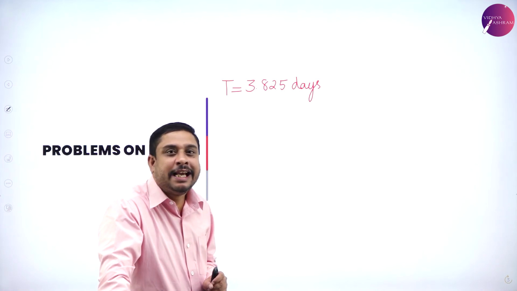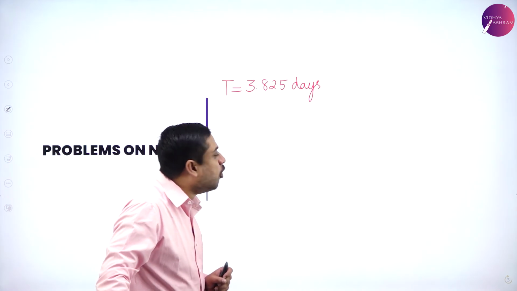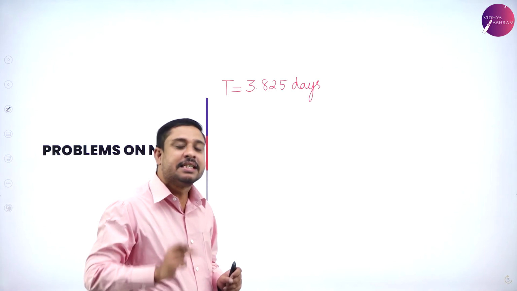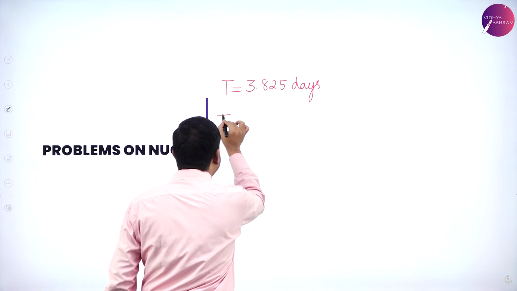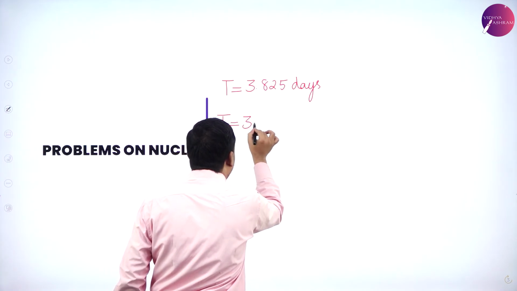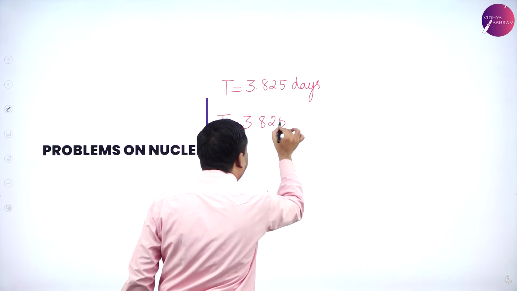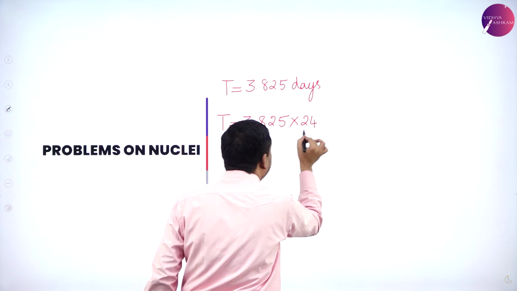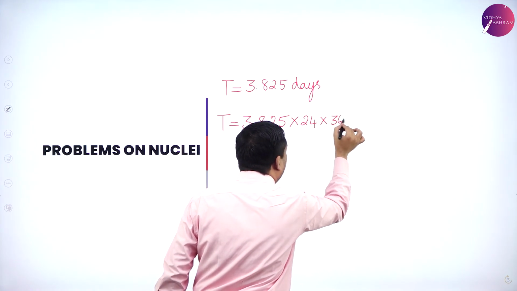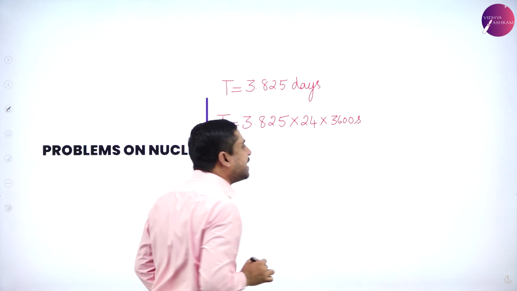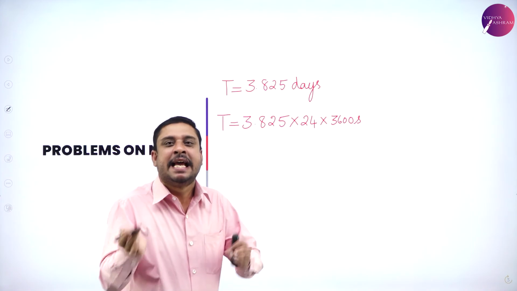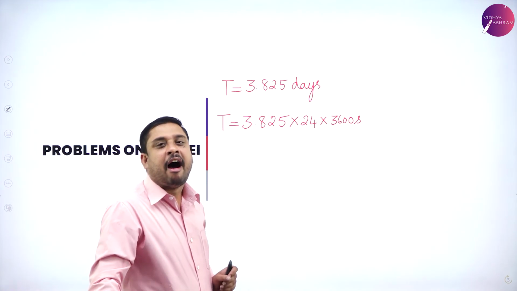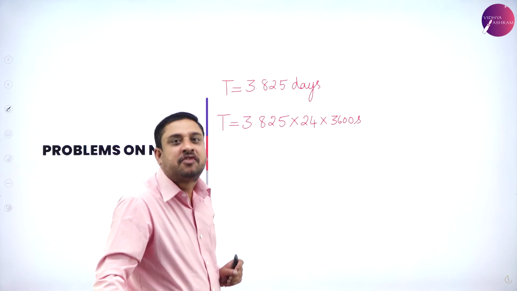But the SI unit for time is seconds. So this becomes 3.825 into 24 hours into 3,600 seconds, 60 minutes into 60 seconds. So I have converted half-life in terms of seconds.